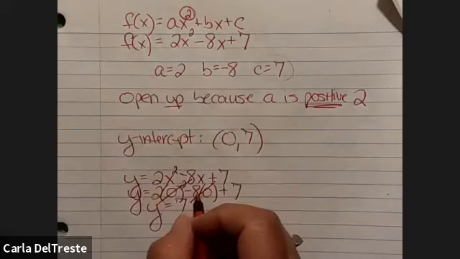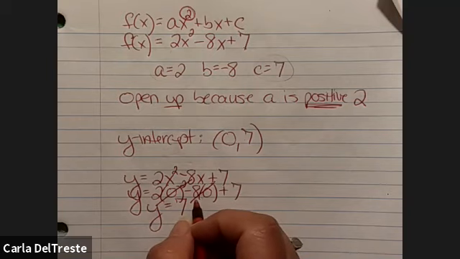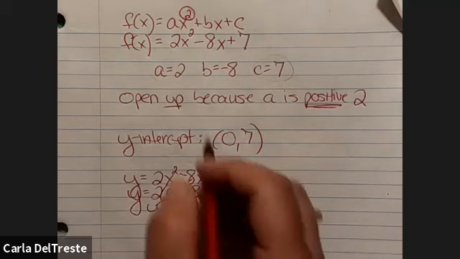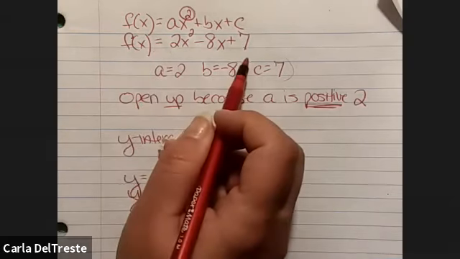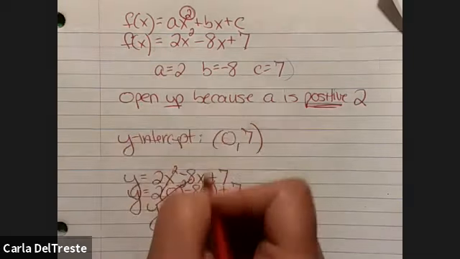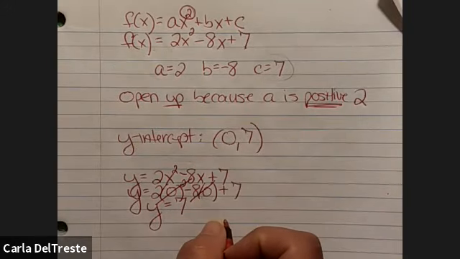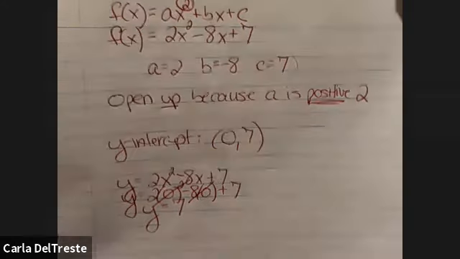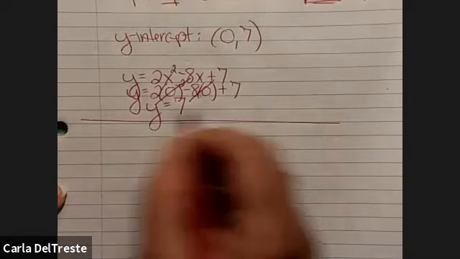It's just desmos.com, a free graphing calculator online. You can just plug this in and see what the graph looks like, so you can verify that these things are true.